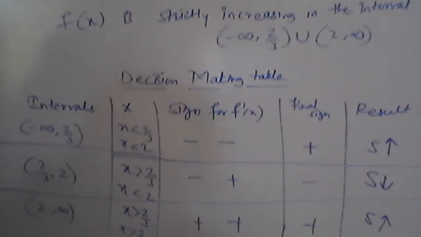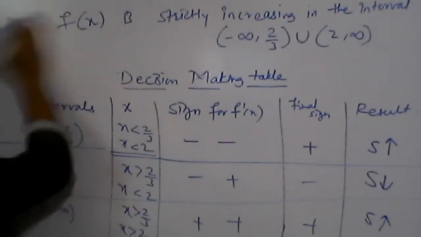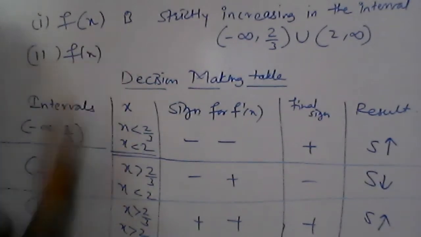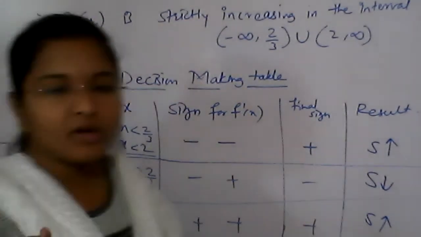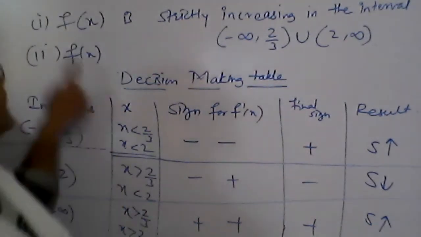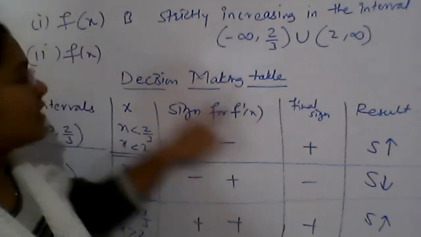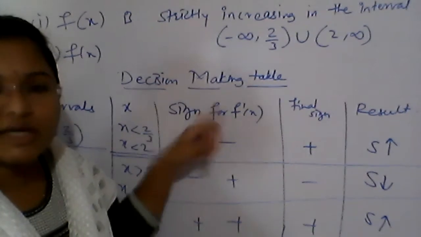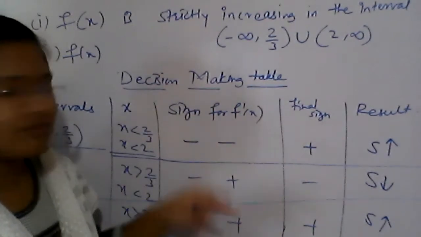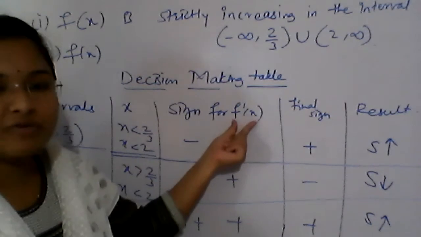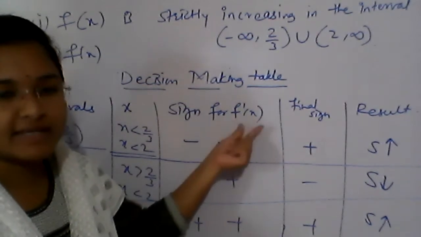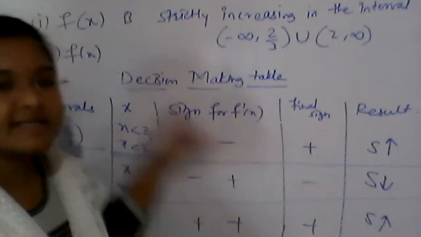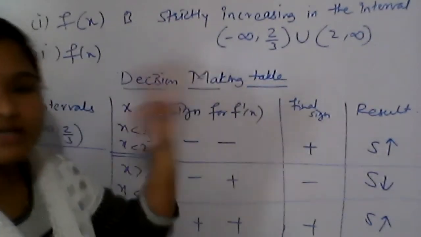And second, f of x. Please note that here we are writing the function f of x, not f dash x. For the function to be increasing or decreasing, we check the sign of f dash x, whether it is negative or positive, and that decides whether the given function is strictly increasing or not.